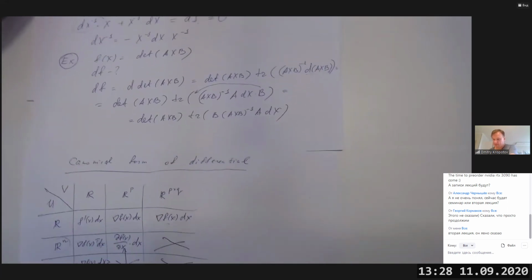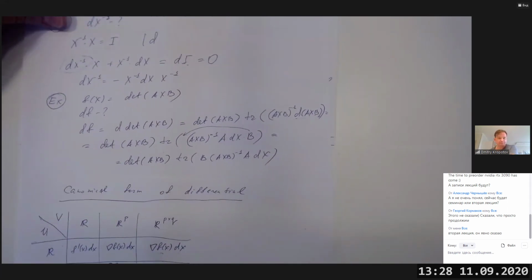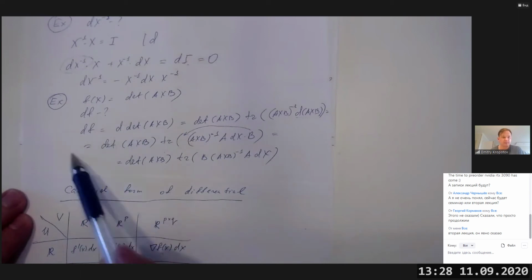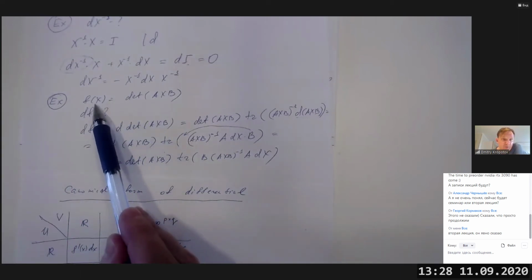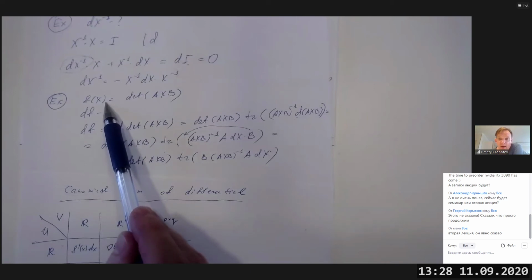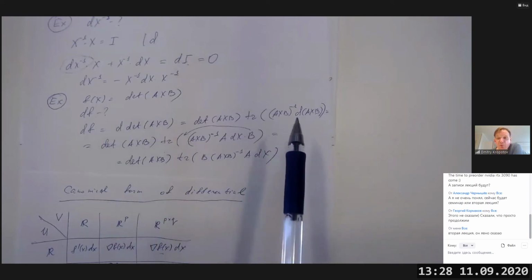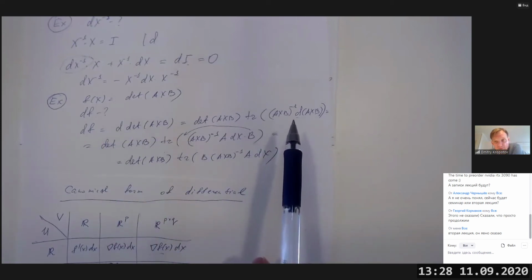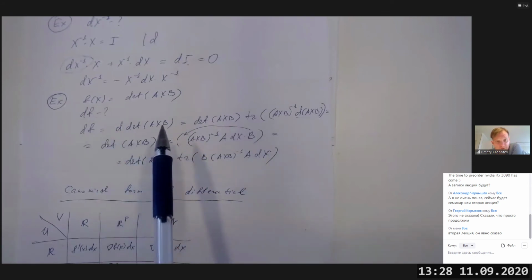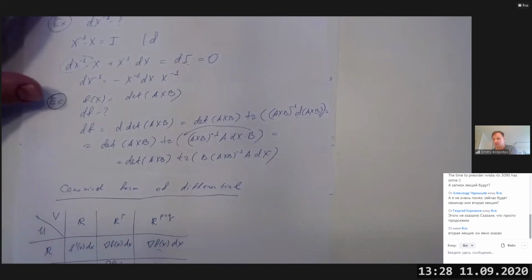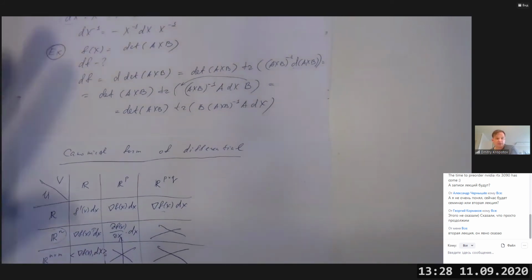Now let's return to our example, this one. So we have already calculated the differential of our f of x. And now the question, what would be the gradient of this function with respect to x, this matrix of partial derivatives? How can we answer this question? Very simple.